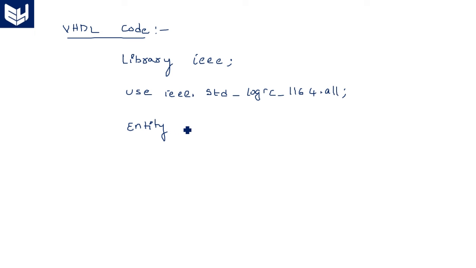So entity Johnson counter is port. Here we have to specify what the inputs and outputs are.